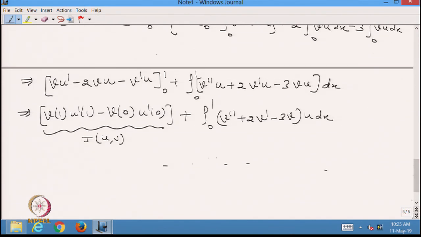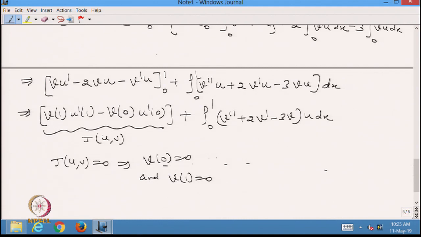Now, to define my adjoint operator, just to make this bilinear form equal to 0, I will define that if I am able to take my v of 0 as 0 and v of 1 as 0.